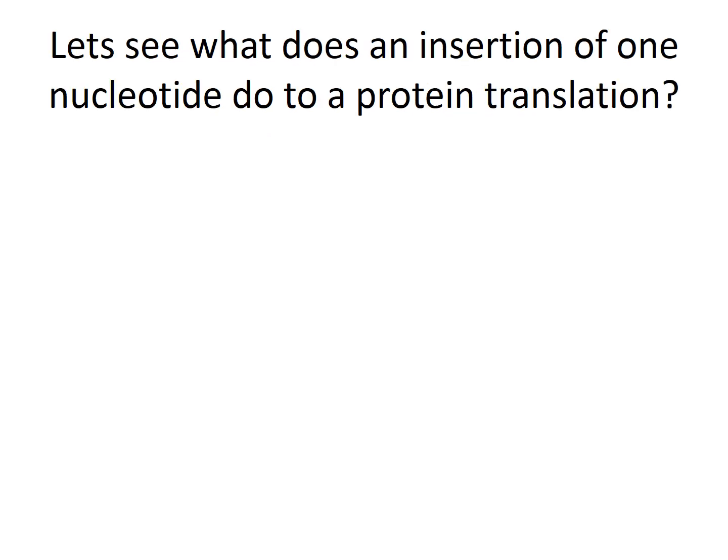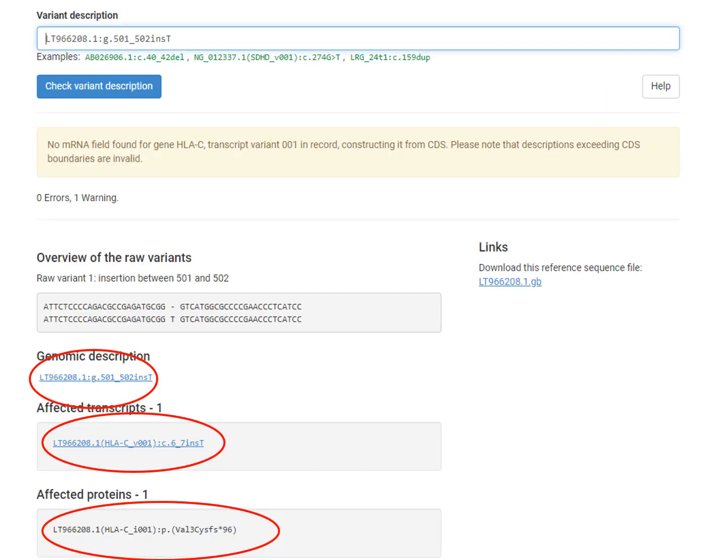What does this insertion do to your protein? Mutalyzer analyzes the sequence, shows you the insertion of the T in the new sequence, at position 501, 502, and at the genomic level, this is how you write it.